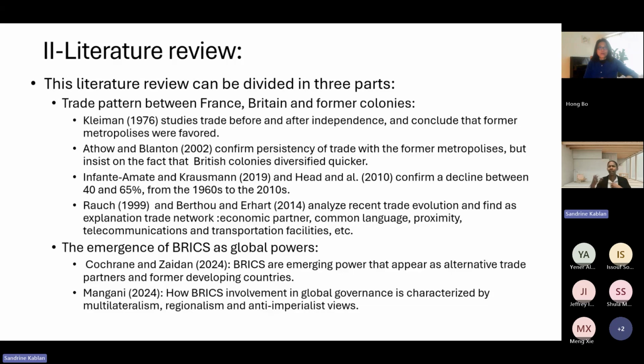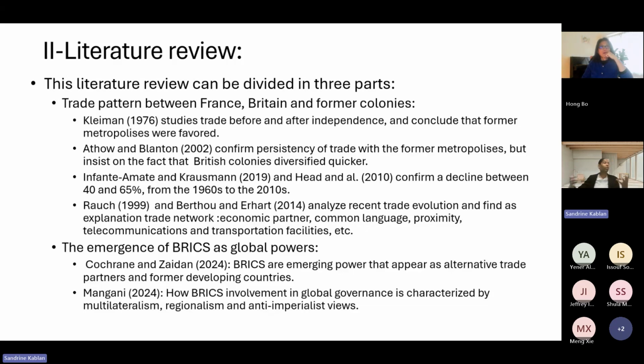And also in the international economic scene, if I can express myself like this, in the last 20 years, even more, 25, 30 years ago, we saw the emergence of new powers that have some specificities because they are former developing countries and they are transitioning towards developed, industrialized economy.